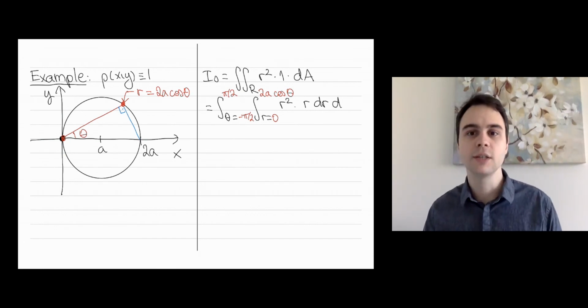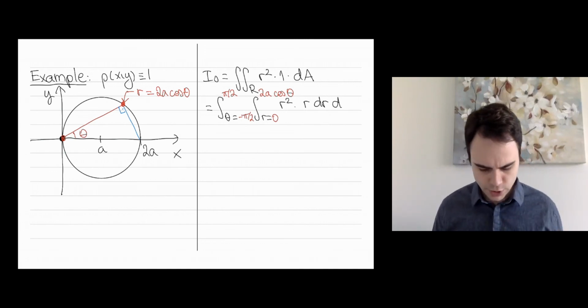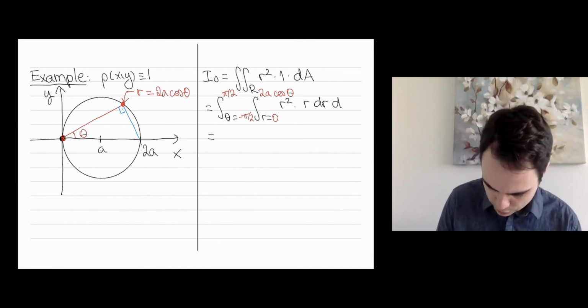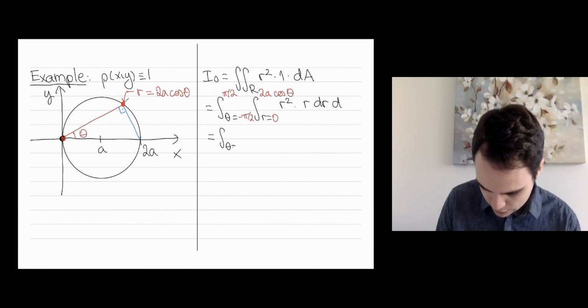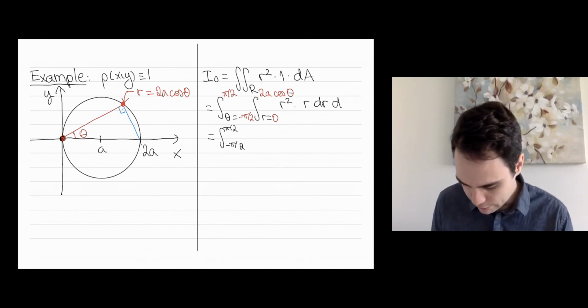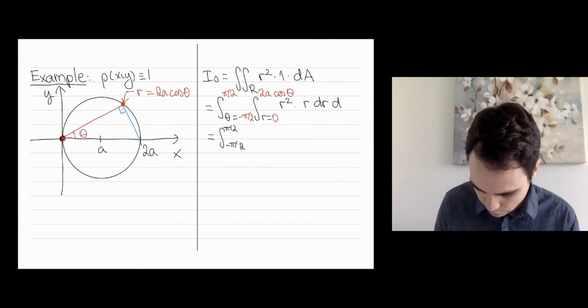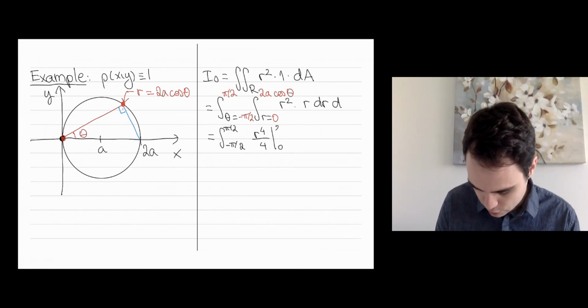I'll show you a better way to get this upper bound in a second, but first let's see what the integral is going to look like. So this is an integral for theta going from minus pi over 2 to pi over 2 of the integral inside, which is the integral of r cubed. That's r to the 4th over 4, evaluated from 0 to 2a cosine theta. Oh, I missed a d theta at the end.